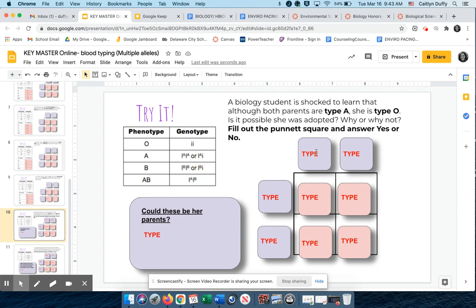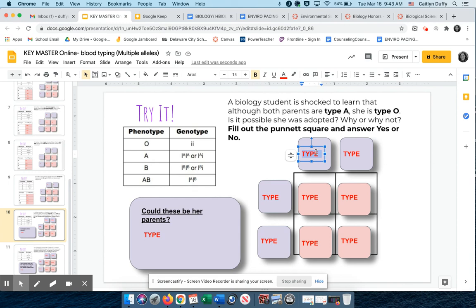Let's try it out. So if mom was big I, big A, little i, let's see what happens. Big I, big A, little i would go here. And if dad was the exact same, big I, big A, little i. All right, let's see.